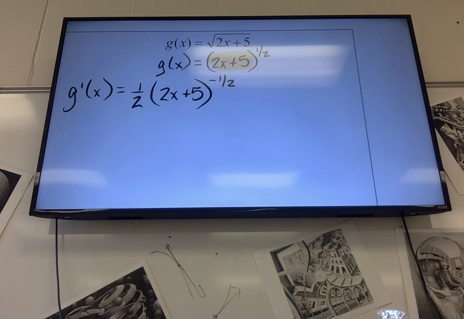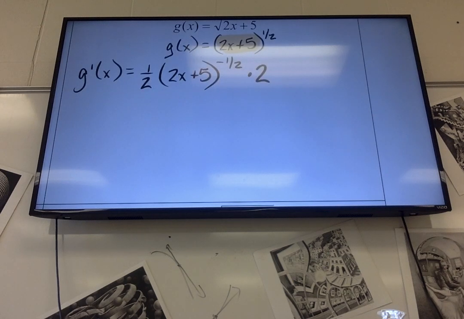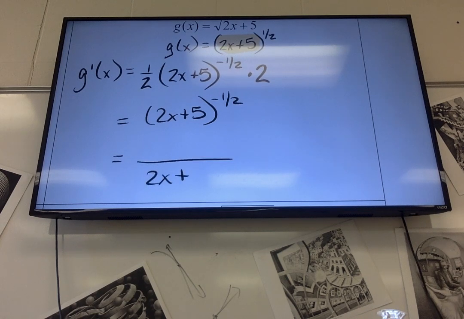Now the derivative of what's inside? 2. Right. 2 times 1/2 is just 1. So it's really just 2x plus 5 to the negative 1/2, but I cannot have a negative exponent. So it goes to the bottom. I can put it to the 1/2 or put a square root over it. Same thing. What's on top? 1.